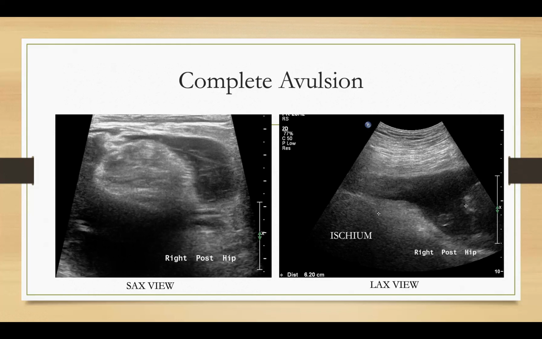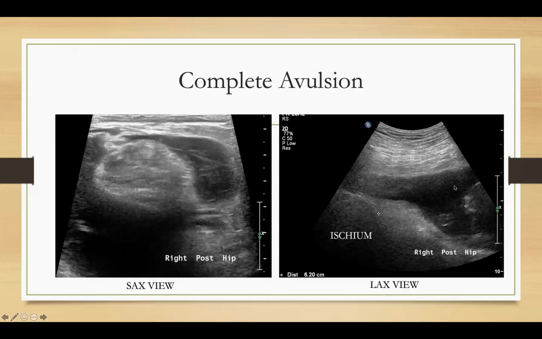Here you see a very large hematoma on this left image, basically enveloping the whole region. This is the semitendinosus muscle, a little bit of the gluteus maximus overlying it. There's mixed echogenic material surrounding this whole semitendinosus region.